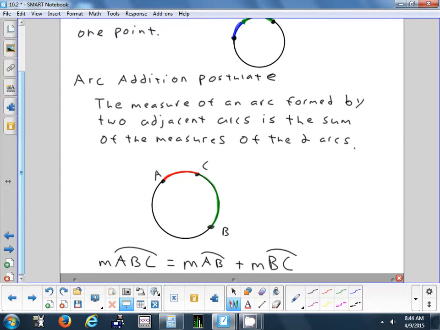Okay, here's another picture. The measure of arc ABC is equal to the measure of, let's see, no, let me fix that a little bit. Let's get two of the letters off.